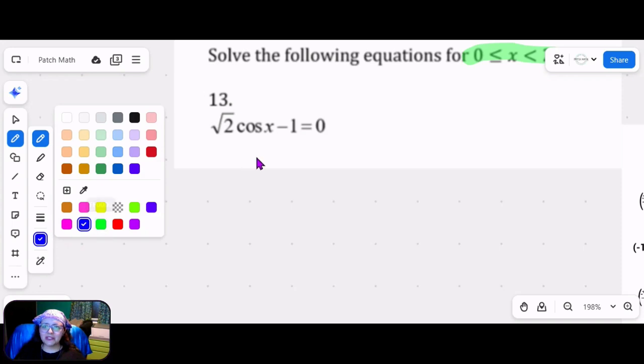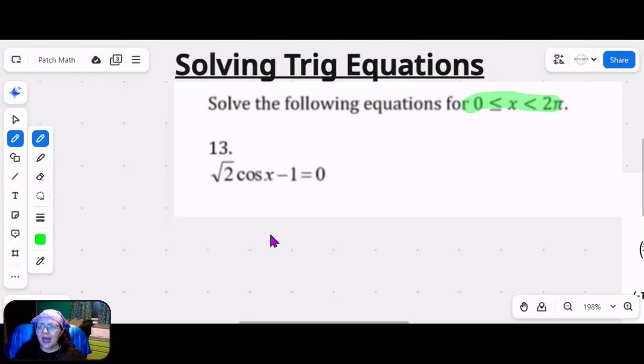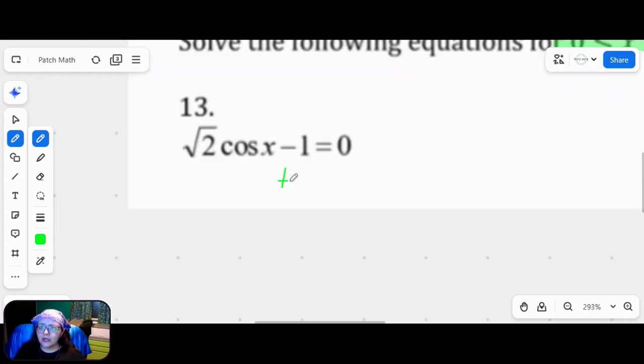Immediately, I'm going to launch into my equation solving skills in order to isolate my cosine of x. It's going to allow me to use my unit circle more clearly. I do the opposite operation on both sides of the equal sign, and since order of operations is PEMDAS, parentheses, exponent, multiplication and division, and then addition and subtraction, opposite operation is the opposite order of operations, the path of least resistance.